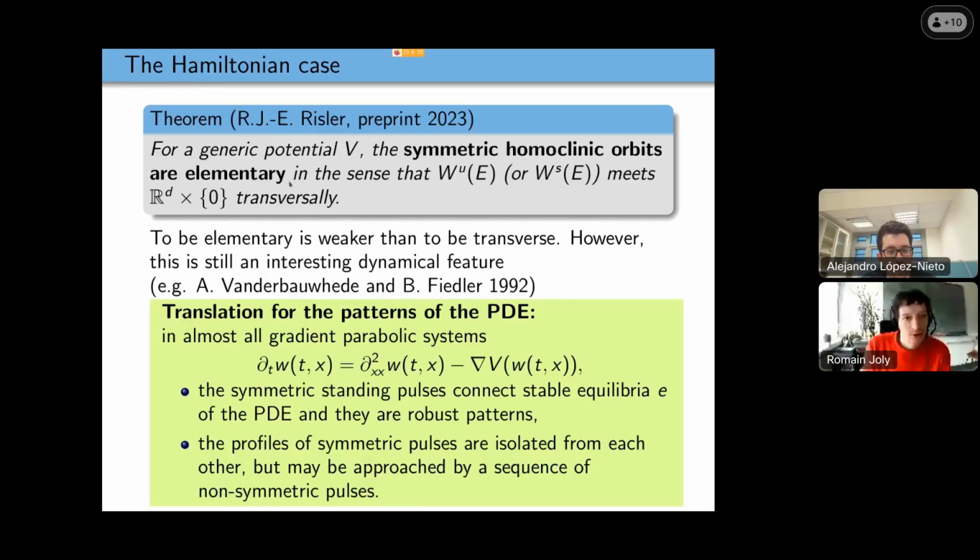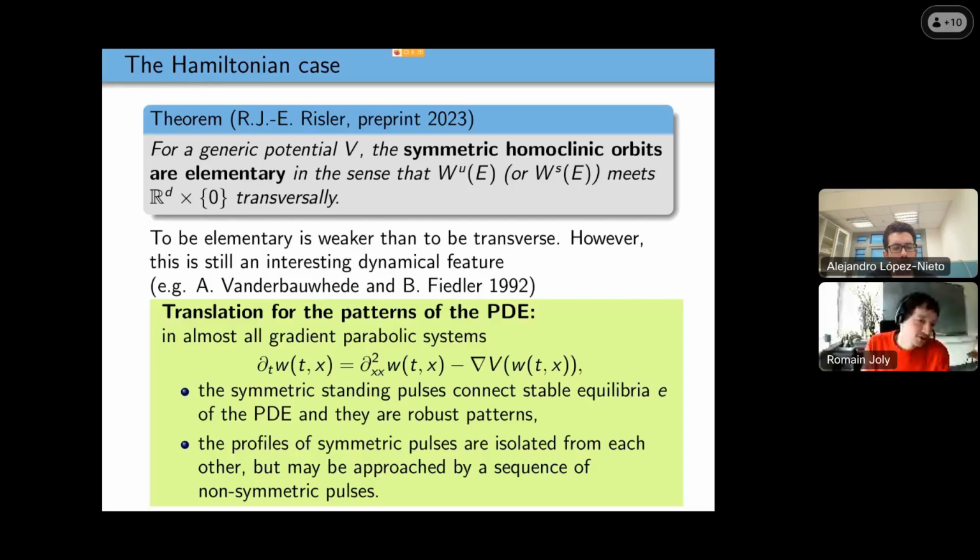What we were able to prove is that for generic potentials, for almost all potentials, the symmetric homoclinic orbits are actually elementary. Once you have this, you can use it to obtain several properties like in the work of van der Bauwhede and Fiedler, but you can also translate this into the patterns of the PDE.